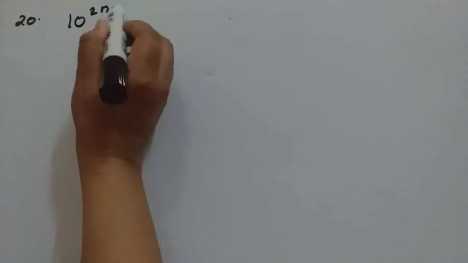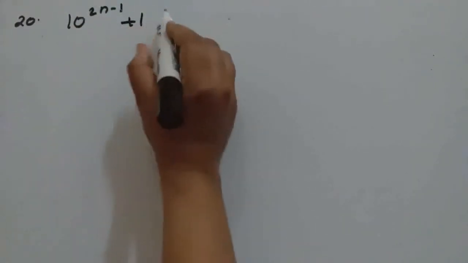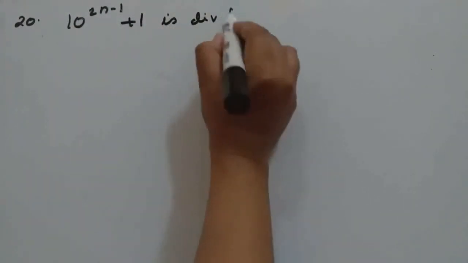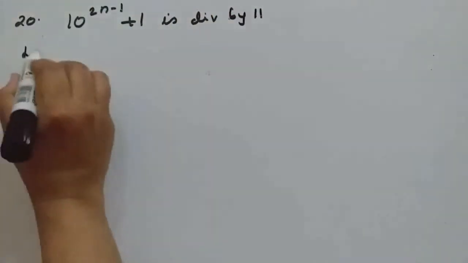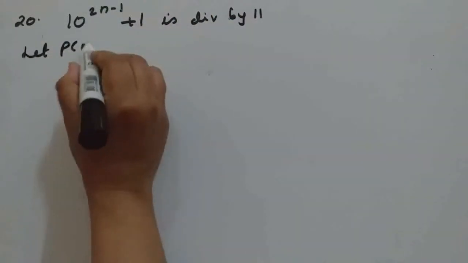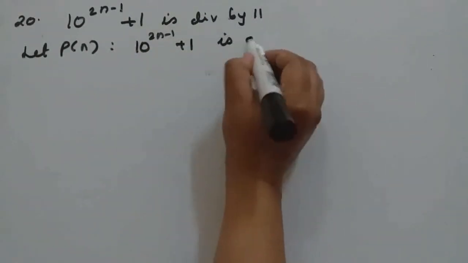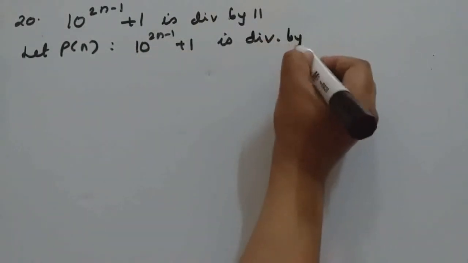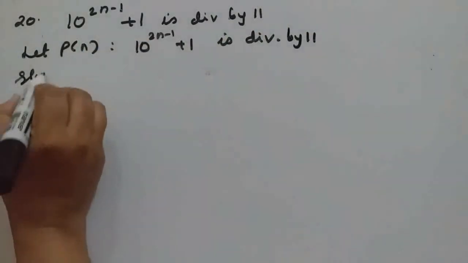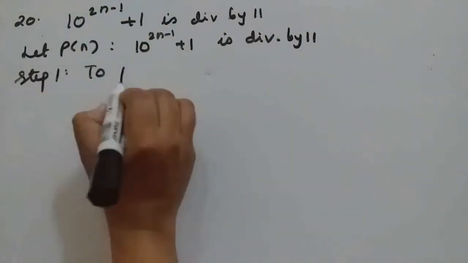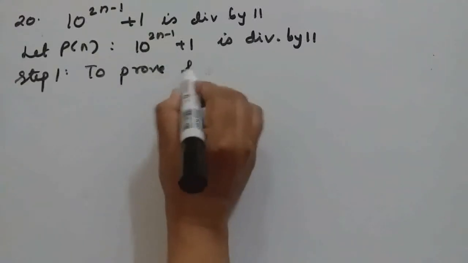Question 20: 10 power 2n minus 1 plus 1 is divisible by 11. Let P of n be the statement. Step 1: to prove for n equal to 1.